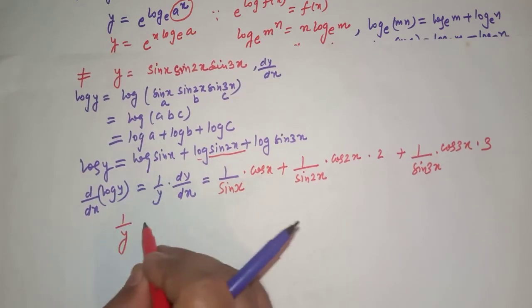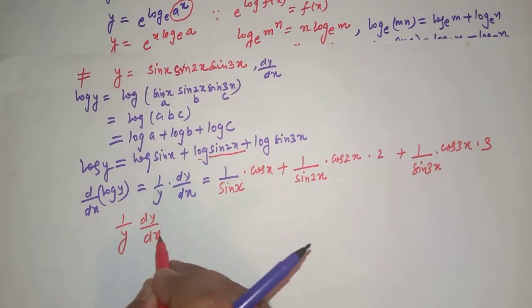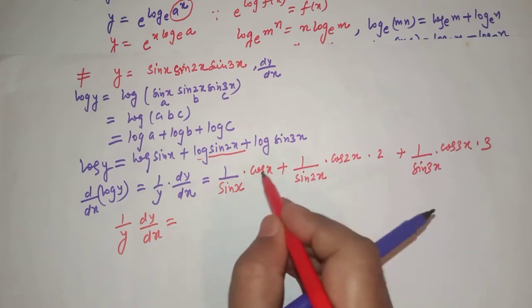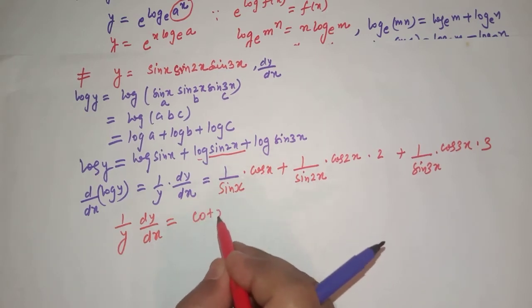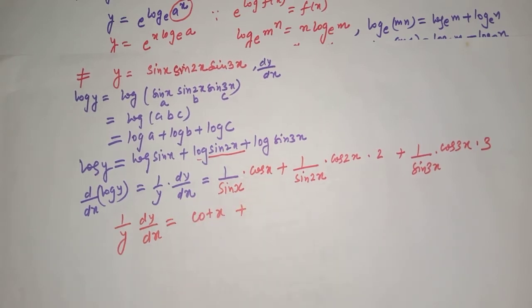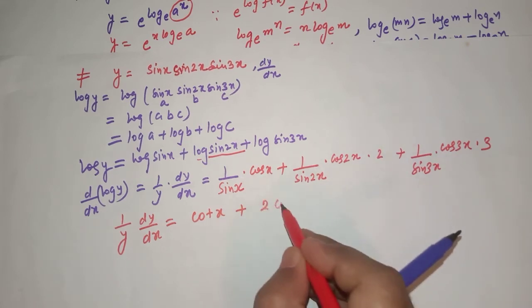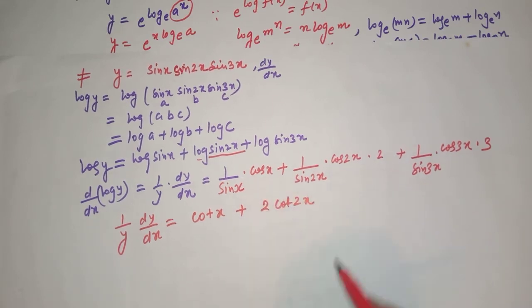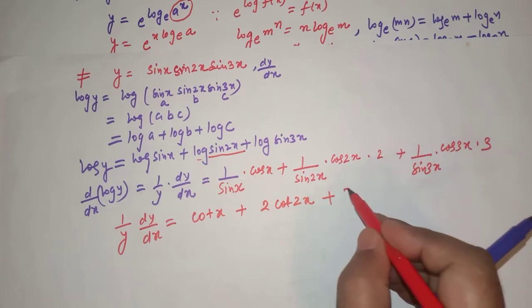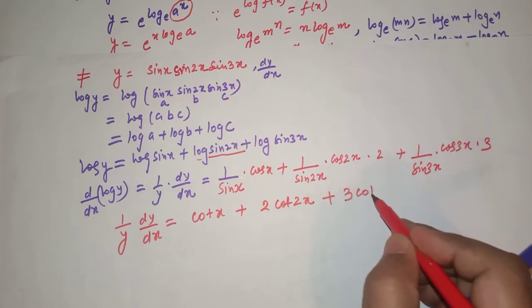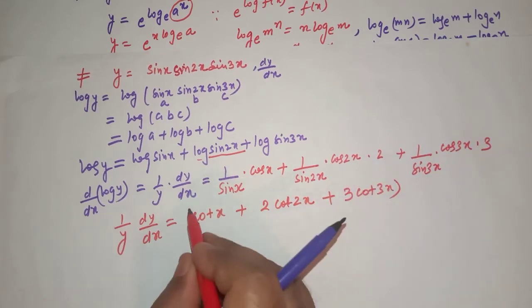So we have 1 over y dy over dx equal to, this is cot x plus this is 2 cot 2x, and this is 3 cot 3x. Clear?